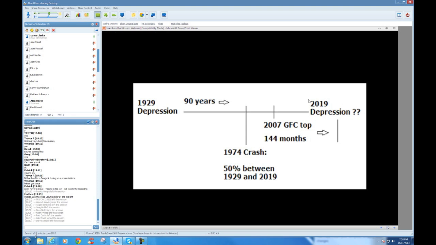Now, 2007 to 2019 is 12 years, that all-important number, or 144 months. So all we're saying now is that there is a real threat, that there could be a major financial earthquake somewhere around 2019.